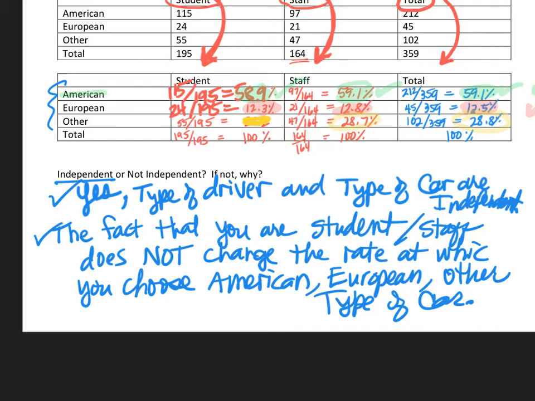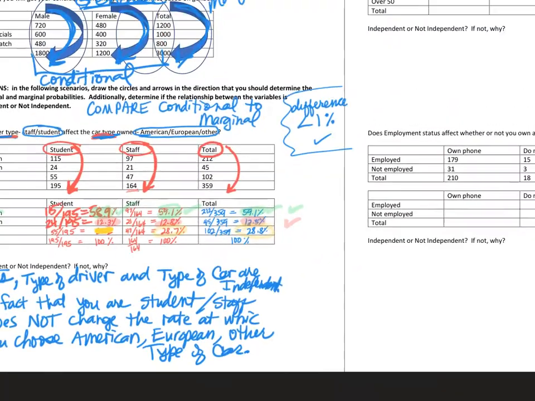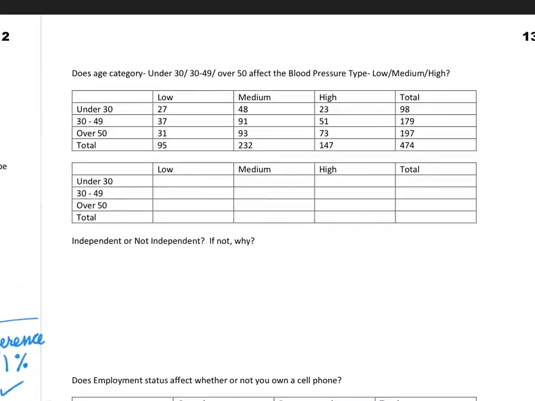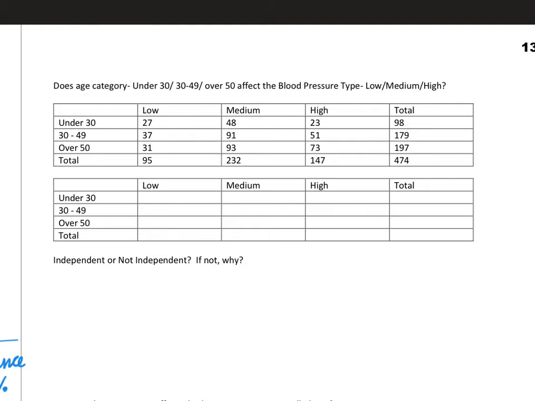All right, so we're going to kind of just skim through doing one more of these questions. And so the one that I want to look at, let's just go on to the top of the next page. In this problem, we are wondering if the age category, whether you are under 30, 30 to 49, or over 50, is going to affect the type of blood pressure.